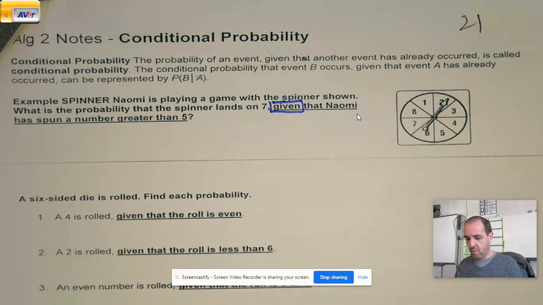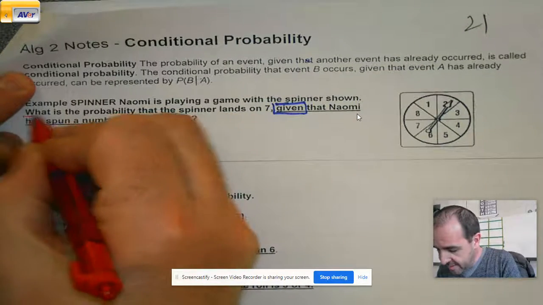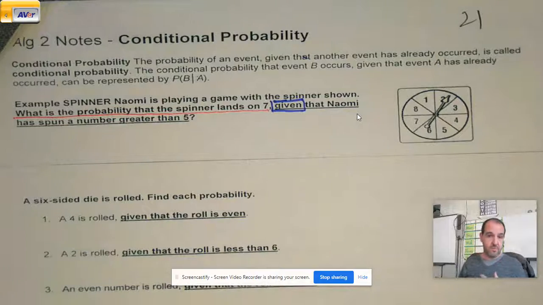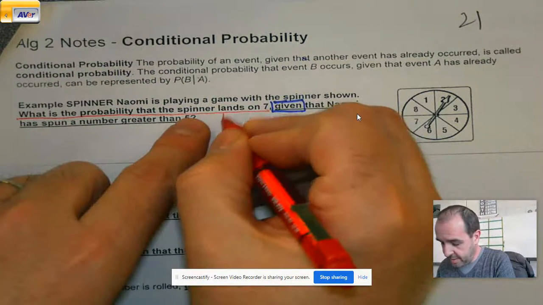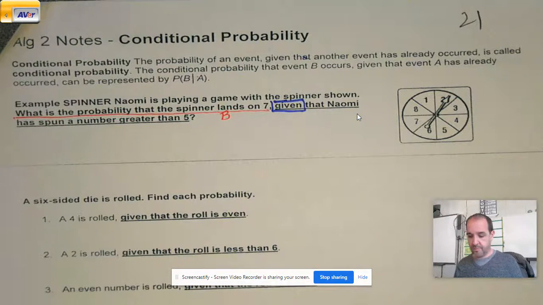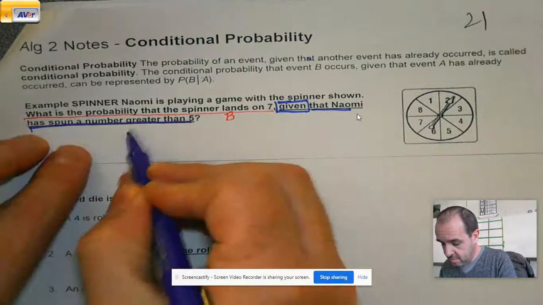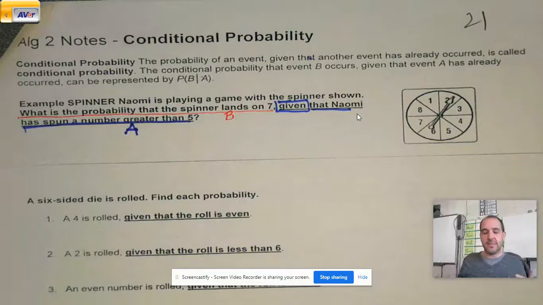You're like, wait, what did you just say? Everything that happens before the word given is this probability B that they're talking about. Everything that happens after the word given is this A that's being spoken of.